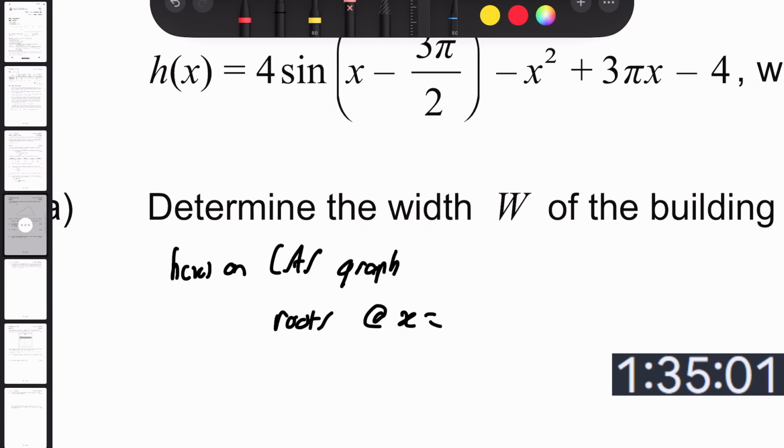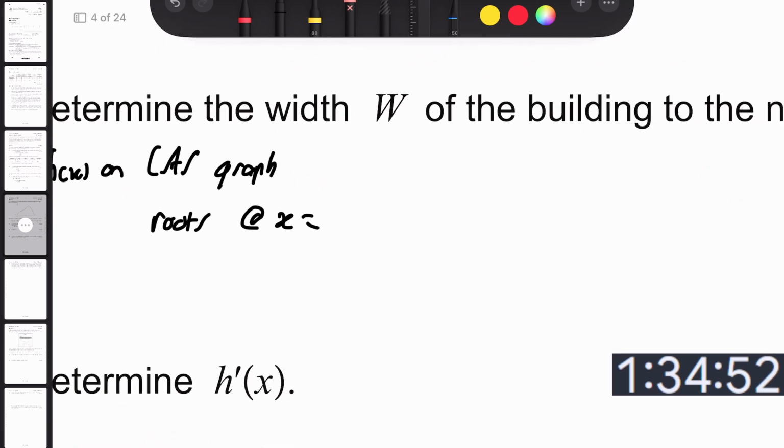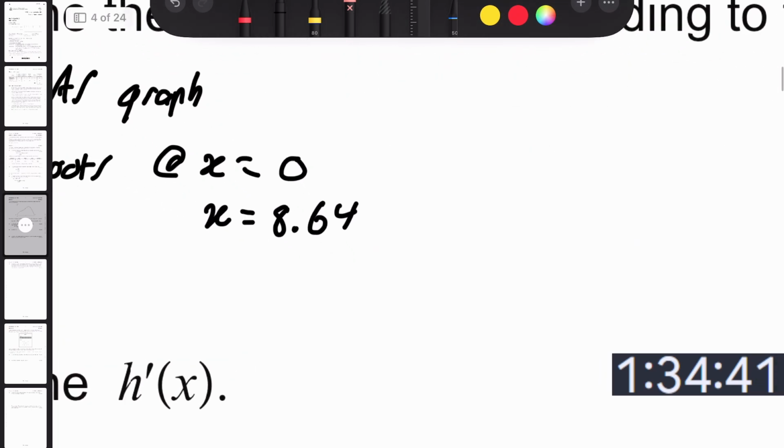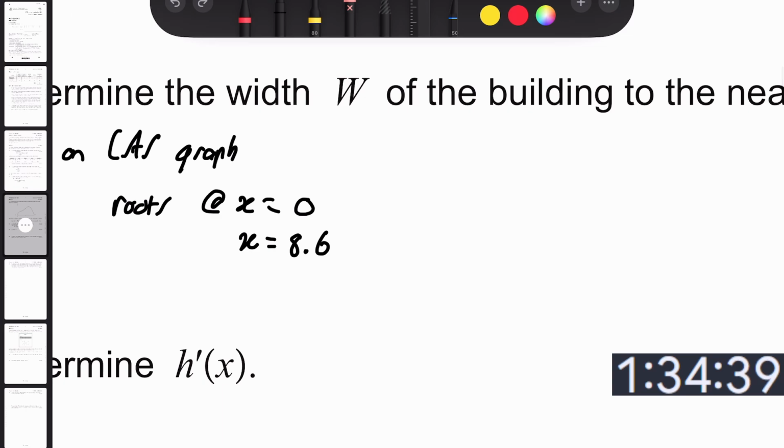So clear. Do that. Analysis with the roots. So x is at 0, and then x is at 8.64. And to the nearest centimeter, so I'll give it one more.